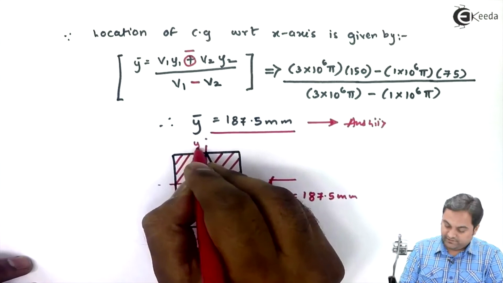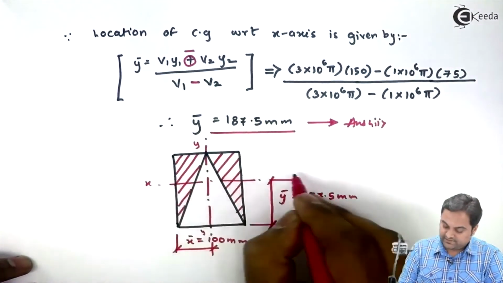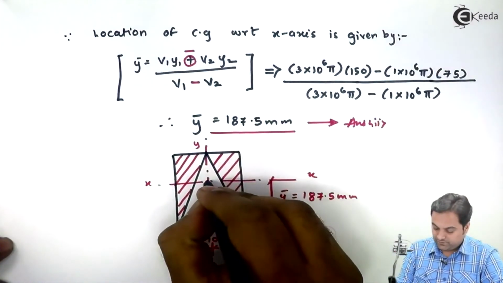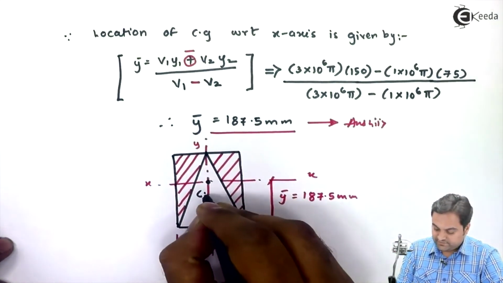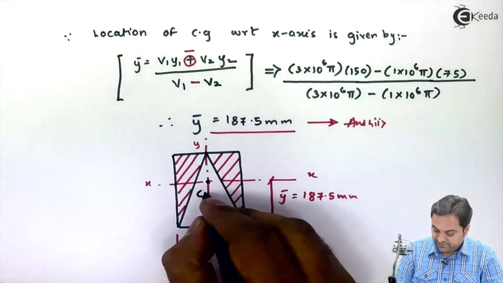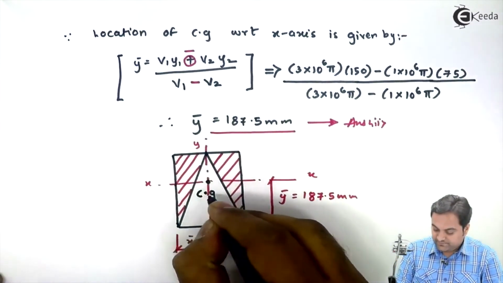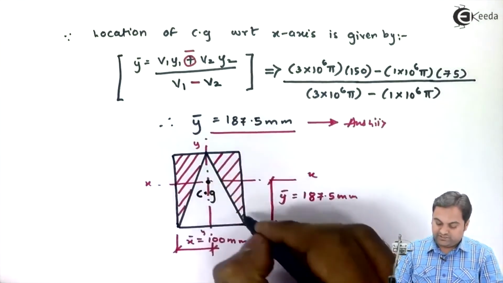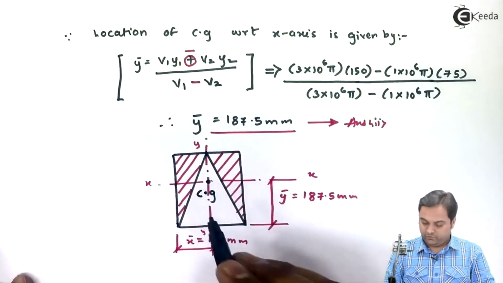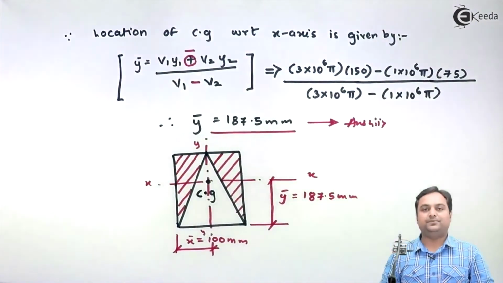And wherever we are getting the intersection of y-axis and x-axis, that will give us the centroid. So since it is a solid figure, we'll call it center of gravity. So this is the CG for this cutout section, and once we have located the CG, we can say that the problem is over.